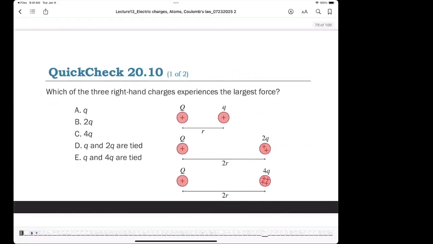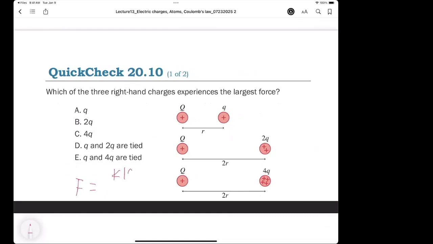Okay, let's check this one. Which of the 3 right hand charges experiences the largest force? Let's write down the equation Q1 Q2 over R squared. The first one is K Q Q over R squared.